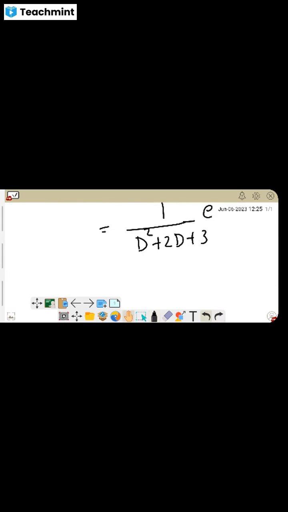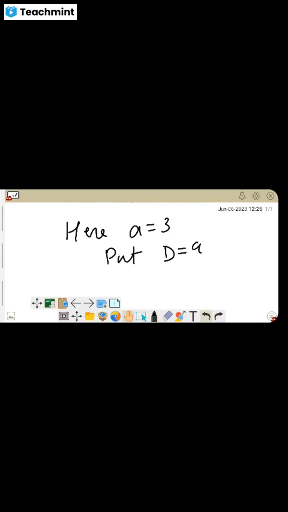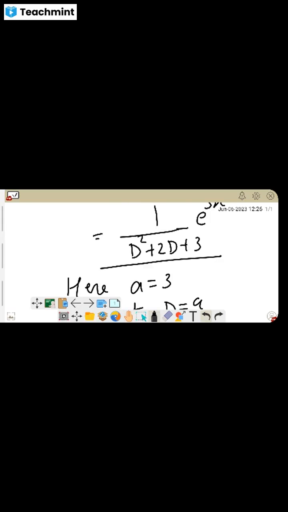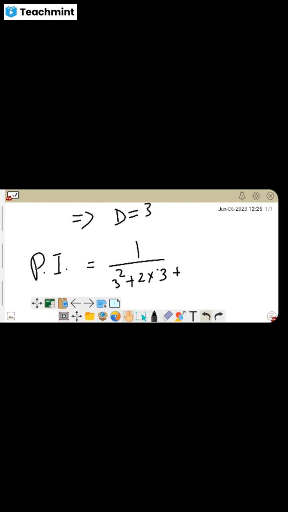So here a is equal to 3, and put D is equal to a, means D is equal to 3, in this one. So PI is 1 upon 3 square plus 2 into 3 plus 3, into e to the power 3x.